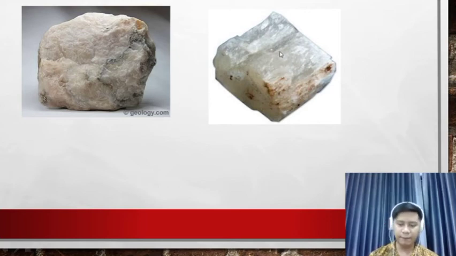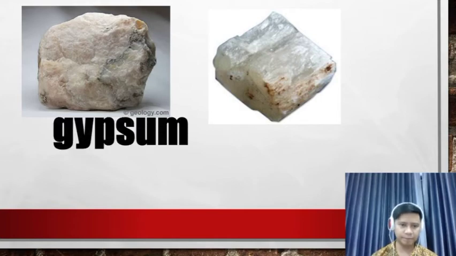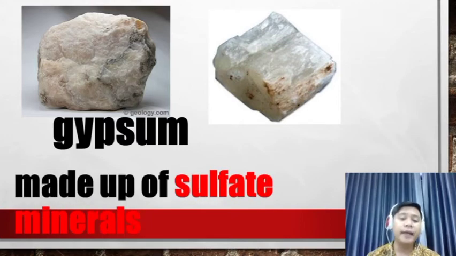So, what type of rock is it? Everybody say gypsum. So when we say gypsum, the definition is made up of sulfate minerals. Remember the words sulfate minerals. When you hear the words made of sulfate minerals, that is what we call gypsum.